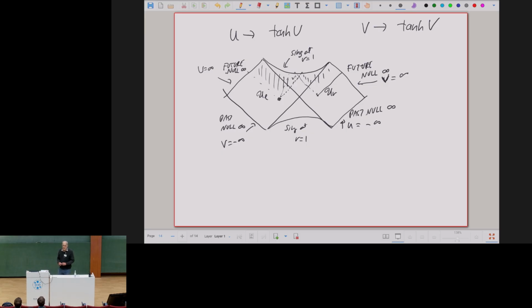Now, that's the geometry, but what about the quantum mechanics? The quantum mechanics is that the state, psi TFD, is an entangled state of UL and UR, and it's in fact the thermofield double state.